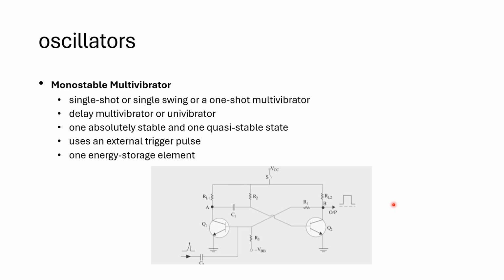And when will the output occur once again? When we produce another pulse here. So that is why it is called a single shot or one shot multivibrator, because we only have an output every time we have a trigger pulse. When there is no trigger pulse here, we expect no output.